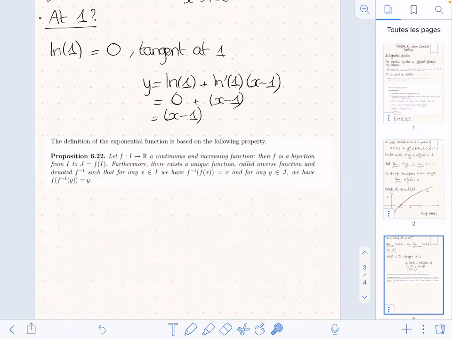And as it's a bijection, there's going to exist a unique function called the inverse function that's defined in the following way. Basically, if you take f of x and apply the inverse function to it, you get x. And similarly, if you apply f to the inverse function, you get the original value. Okay, so this is one way of defining the exponential function.